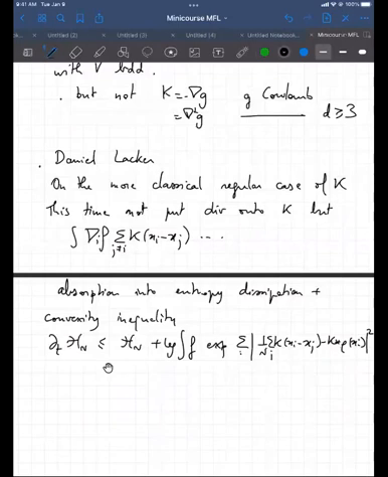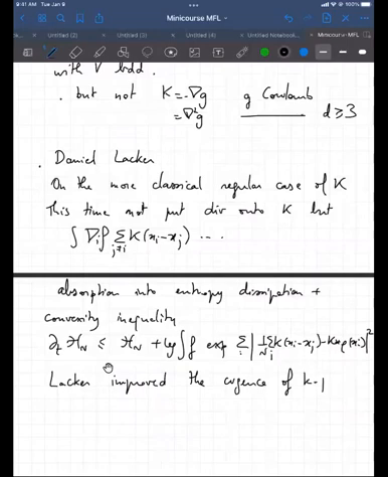So what Dan Lacker was interested in doing is improving the convergence of the k-point marginal. So Lacker improved the convergence of k-point marginals.